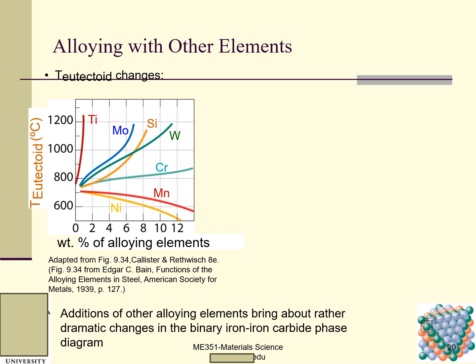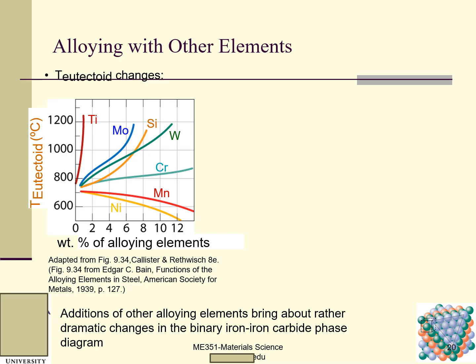For example, for Ti, if I have different Ti percentages, I can drastically change the eutectoid temperature. On the contrary, for nickel, I can increase the nickel composition to lower the eutectoid temperature.